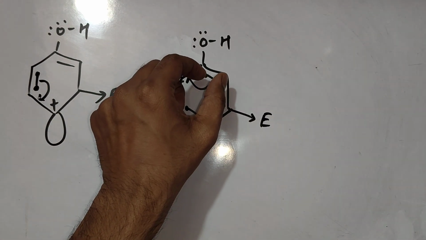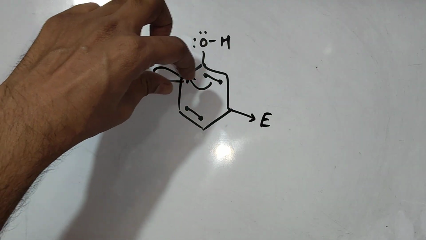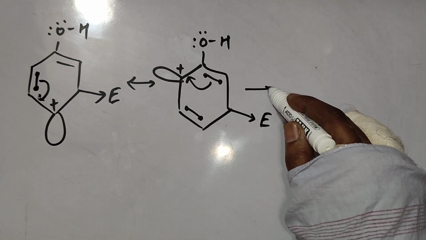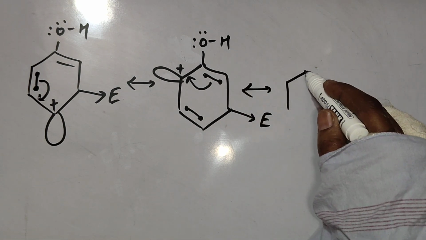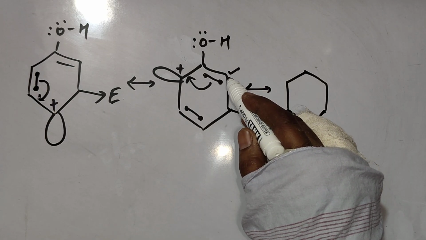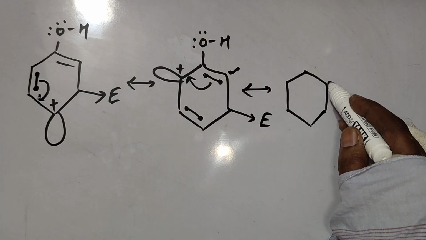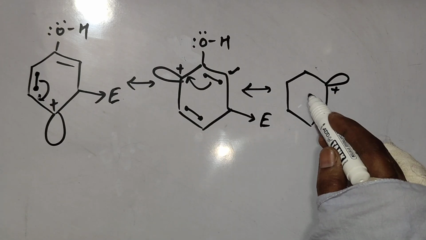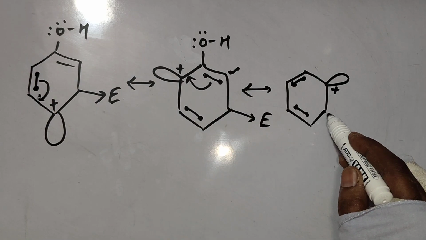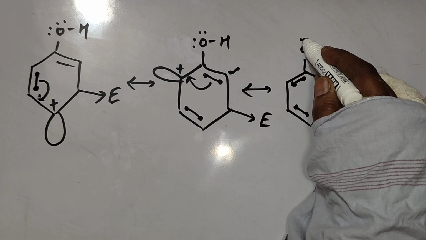If pi electrons are coming here, the vacant orbital and pi electron bond will be generated, so the positive charge of this carbon will be finished. This electron was of this carbon. During this process, this carbon will lose its electrons, so a vacant orbital will come over here with a positive charge, and a bond will generate here. The rest of the molecule is as it is, no change.